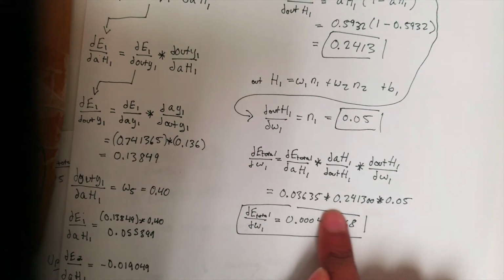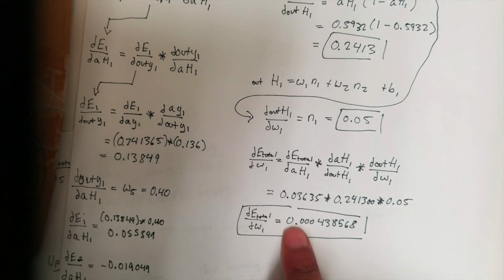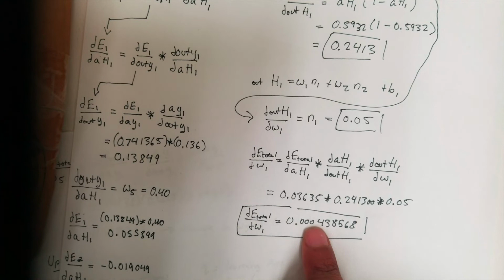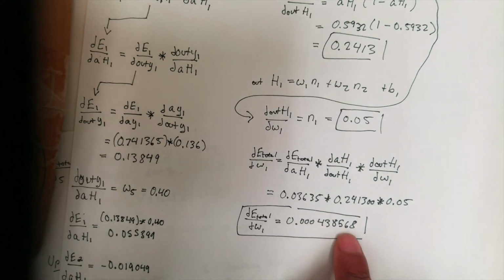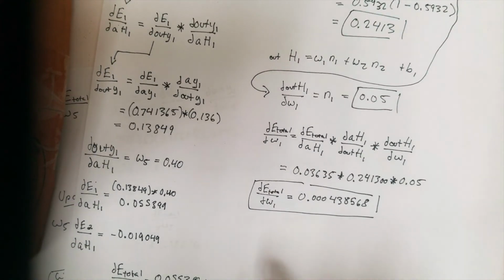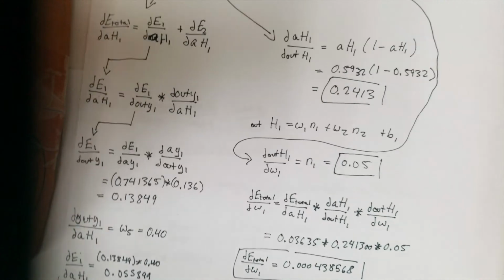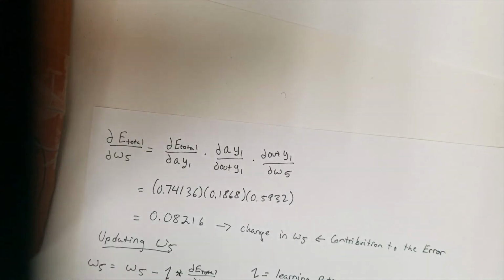Then we multiply all those values together and we get the contribution of the error of weight 1 is equal to 0.000438568. Now this is once again the change that we want to make with respect to weight 1, and we multiply that by our learning rate to see how much of a step we'll take.